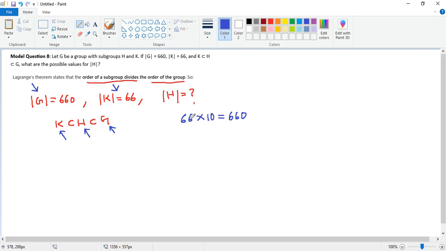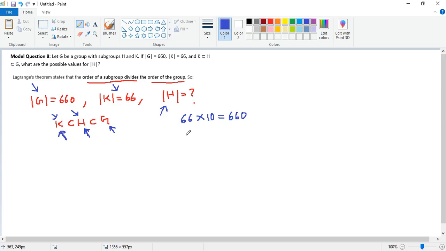So here the order of the group is a multiple of the order of the subgroup K, which is 66 times 10. Now, since K is a subset of H, if you consider H as a group, then K is a subgroup of H, right?